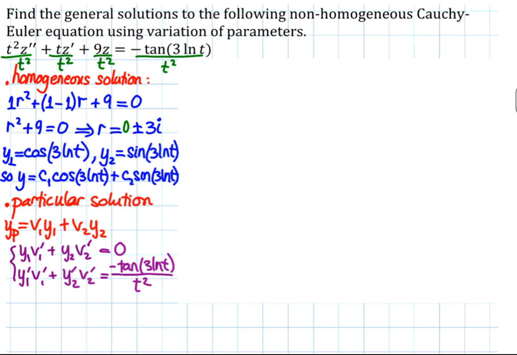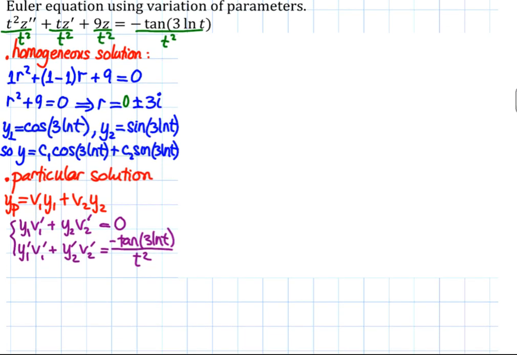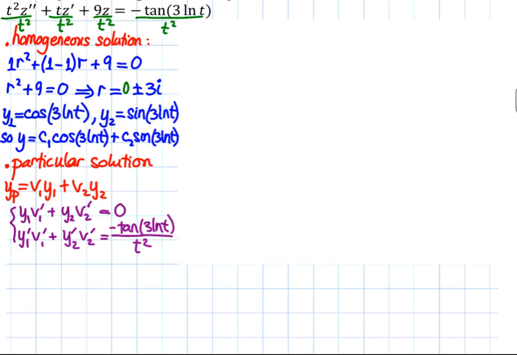That gives us the system of equations where we find v1 prime and v2 prime, and we're going to use Cramer's rule for that. Cramer's rule is going to use the Wronskian, the 2 by 2 determinants.